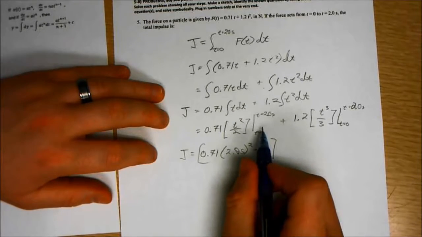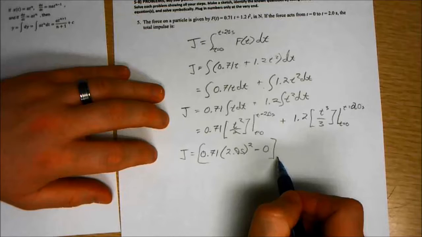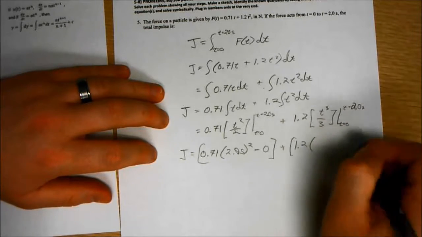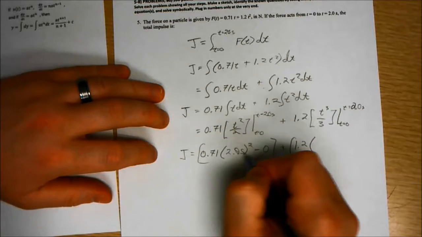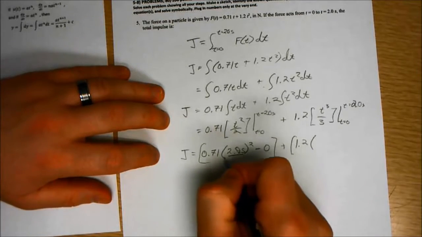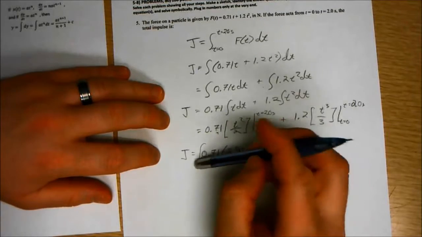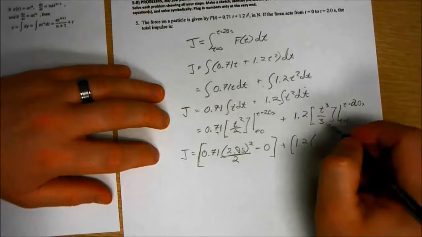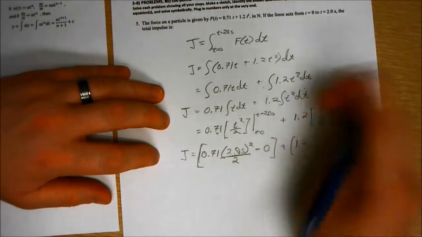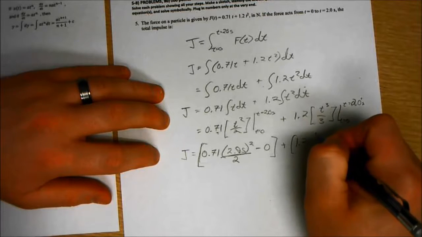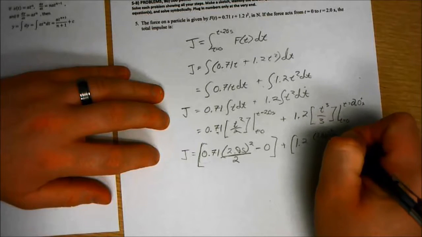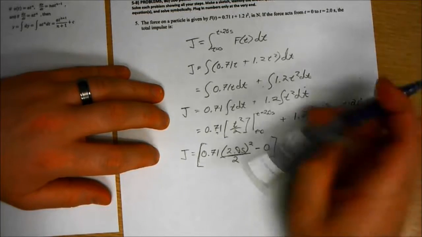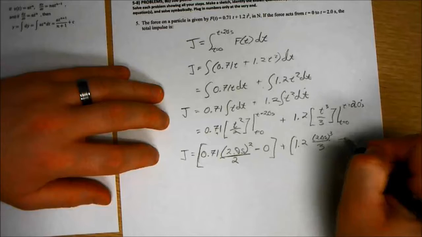So the first term is evaluated from t equals 2 seconds to t equals 0, plus the next term, 1.2 times 2.0 seconds cubed over 3, minus the same term evaluated at t equals 0, which is 0.